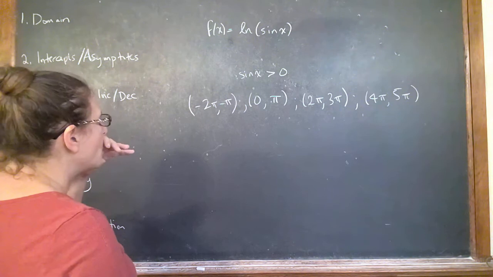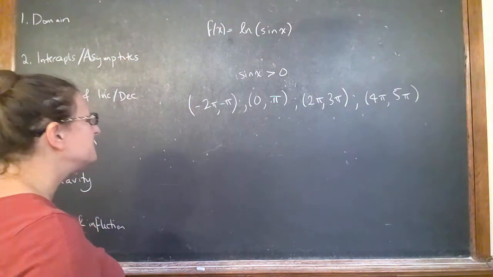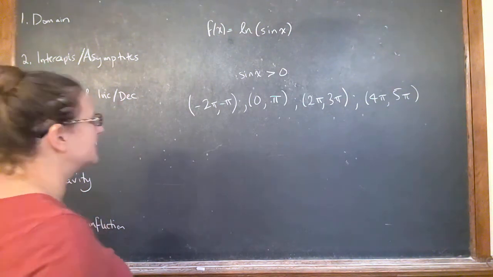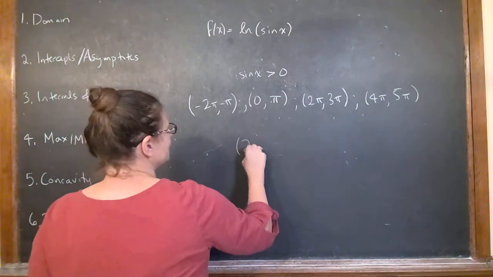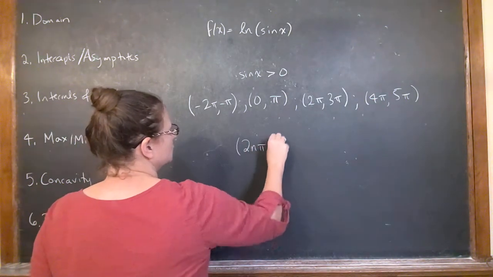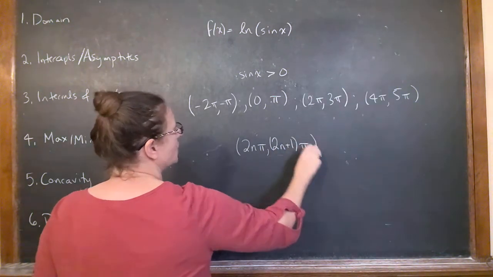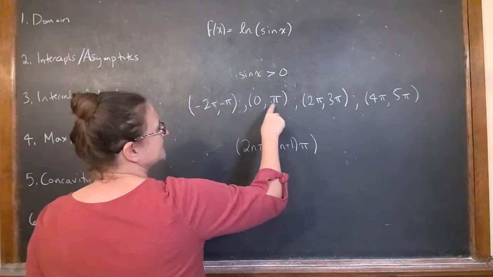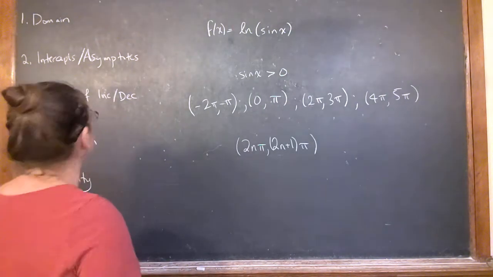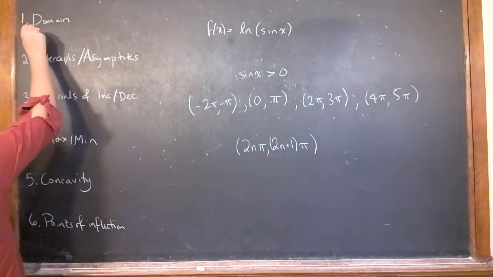So really, how am I going to write this? I can write it as 2n pi to (2n plus 1) pi, because it's always going to be the even one to the odd one. Okay?